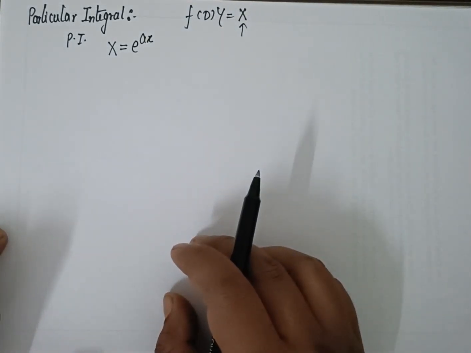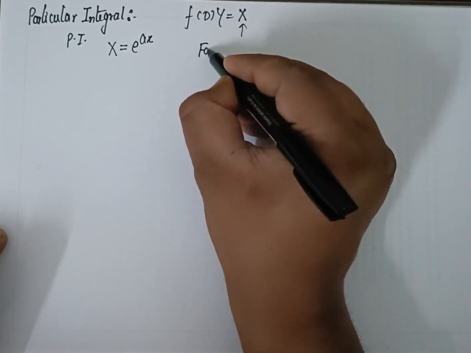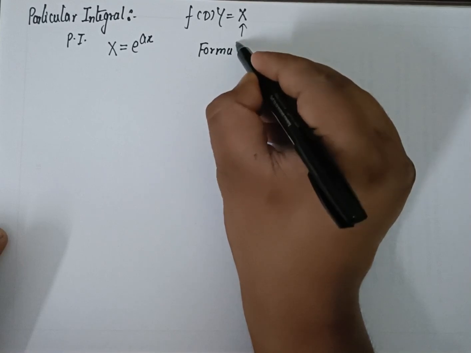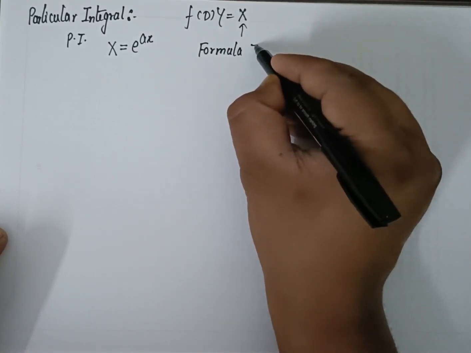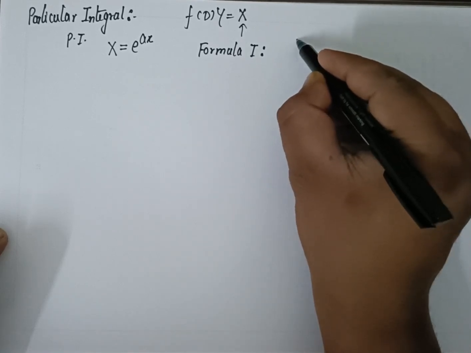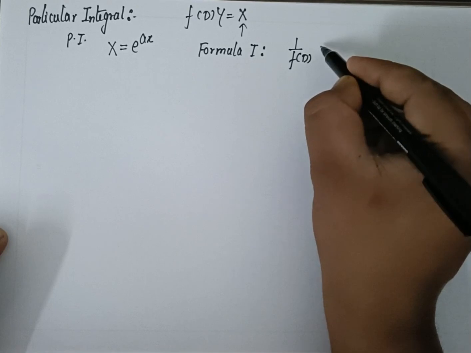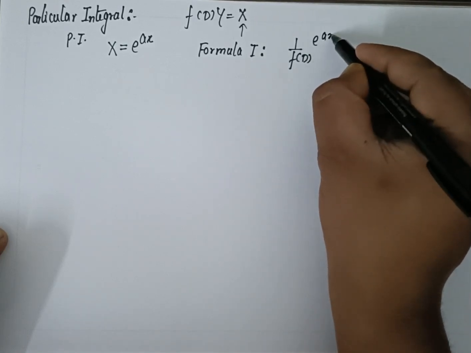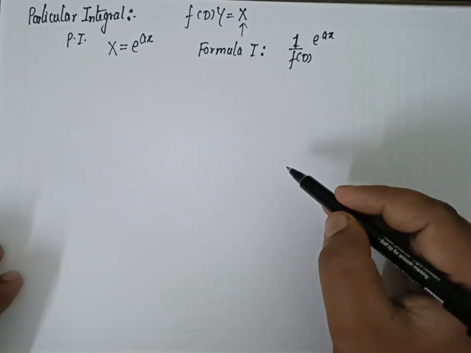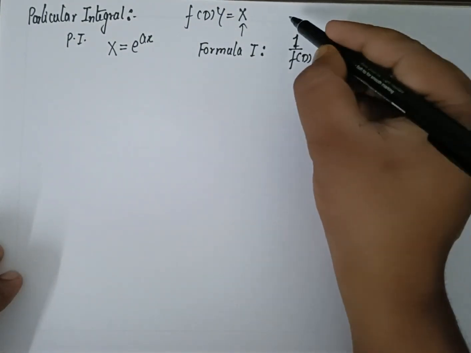the PI? So the PI will be calculated with two formulas. Formula 1 I am writing here: if your expression is 1 upon f of D, e to the power ax, then you can rewrite it to find the PI.